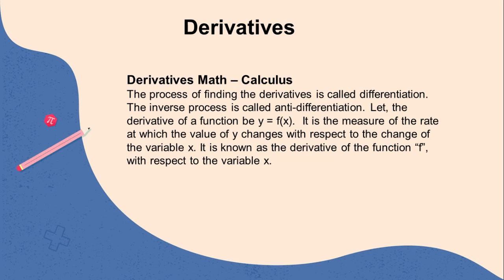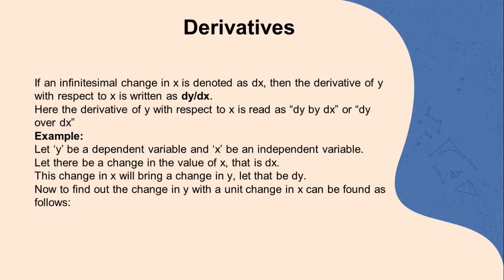It is known as the derivative of function f with respect to the variable x. If an infinitesimal change in x is denoted as dx, then the derivative of y with respect to x is written as dy upon dx. Here the derivative of y with respect to x is read as dy by dx or dy over dx.